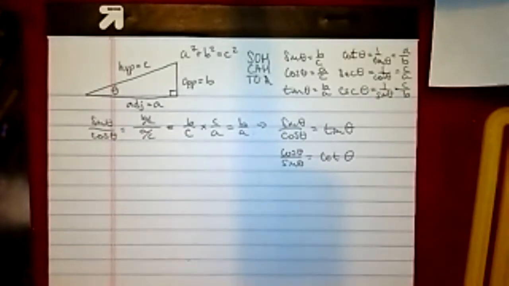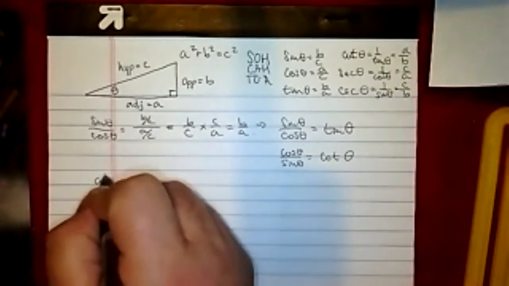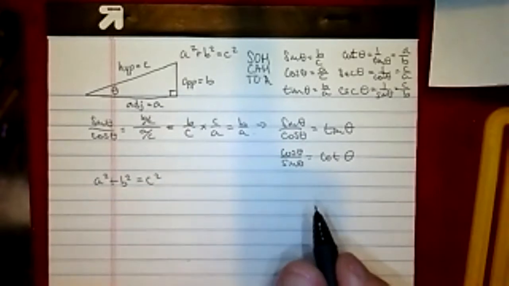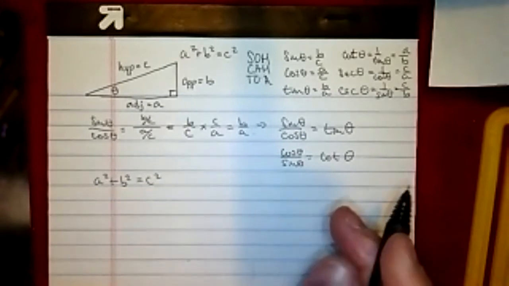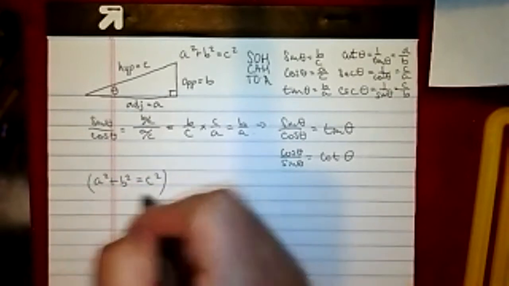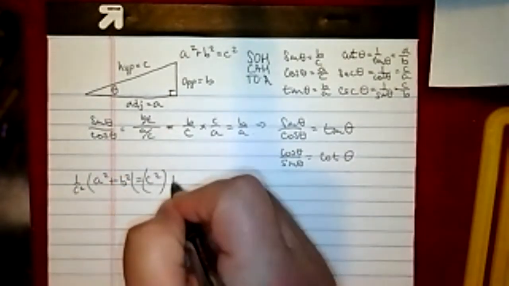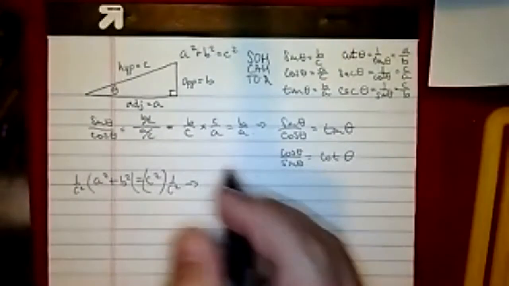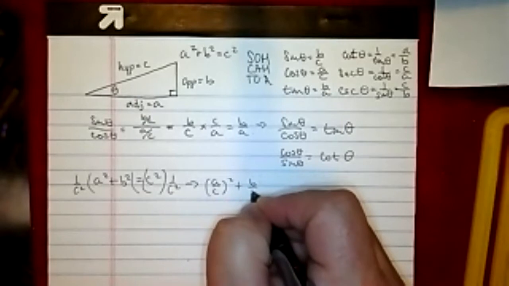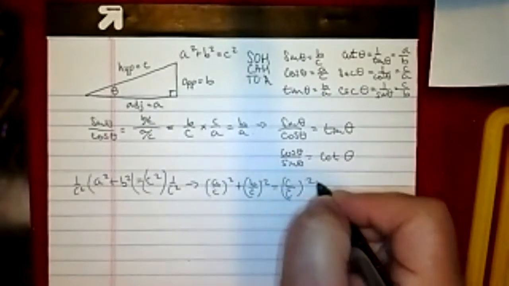Now here's something neat. If we take a squared plus b squared equals c squared and divide it all the way through by c squared, so I multiply both sides by 1 over c squared, I get a over c squared plus b over c squared equals c over c squared.